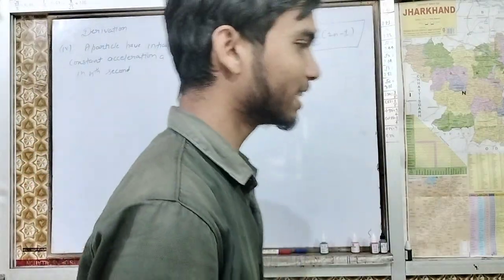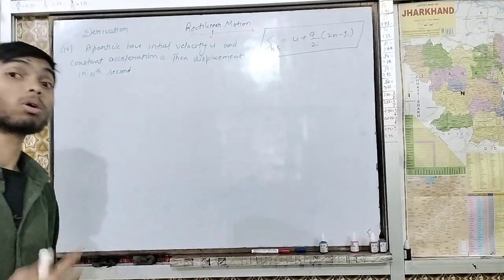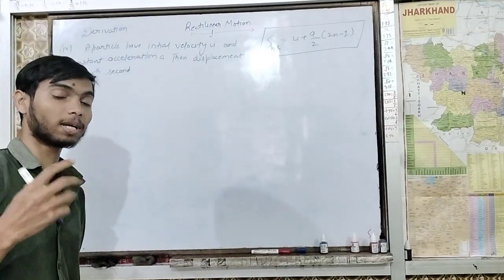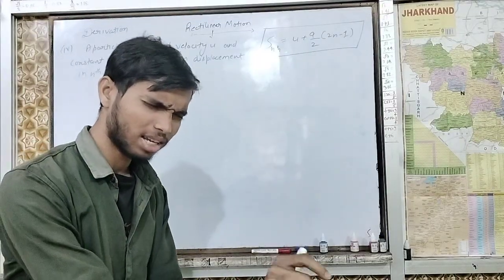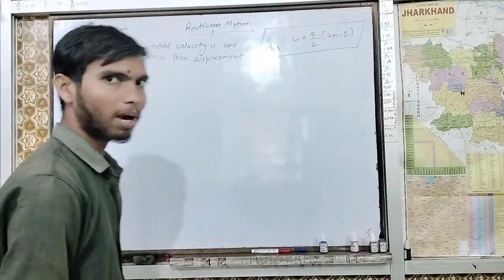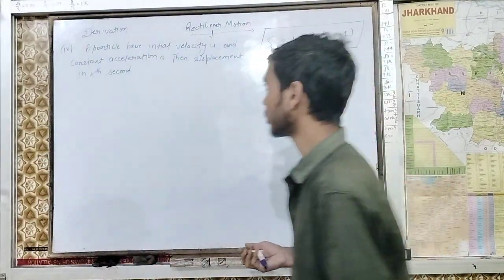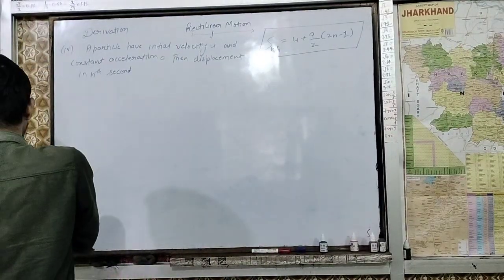If you take the journey, what will happen? You are taking the total time. But in some cases, we will see it is asking for displacement only in this 2nd second, only in this particular second. In that case, the formula is going to be different. So this was the statement you can read.